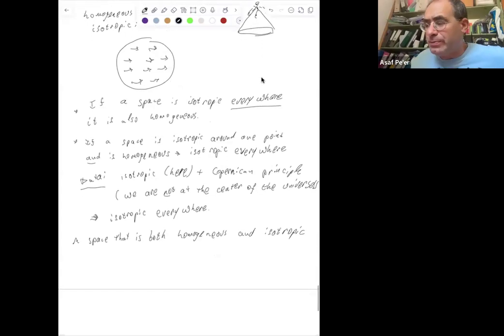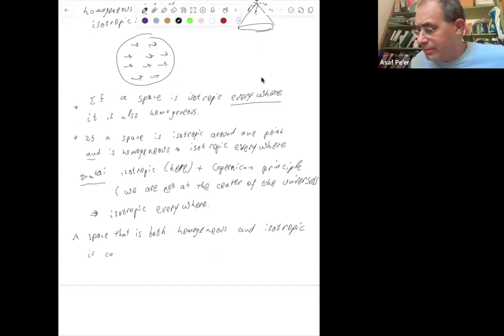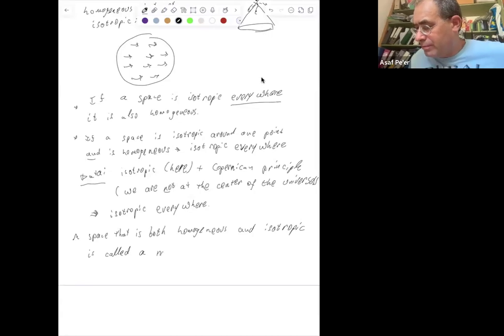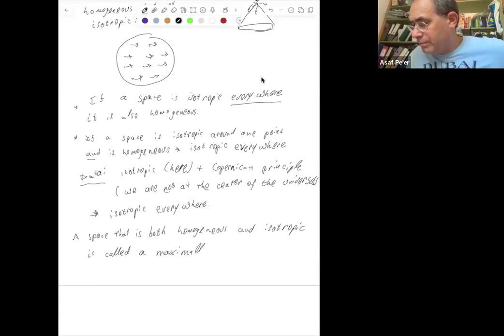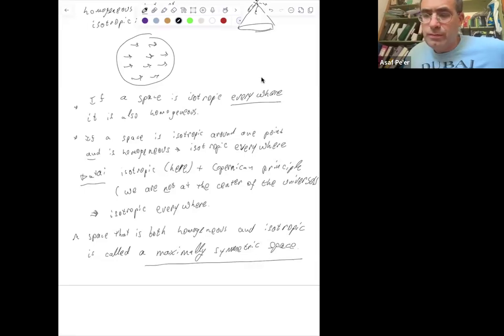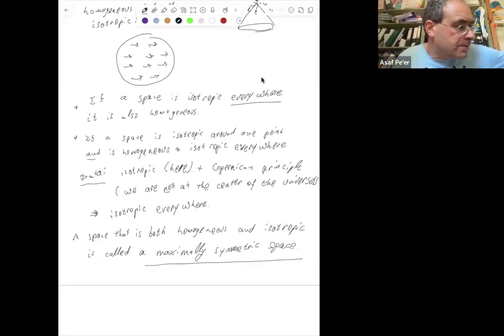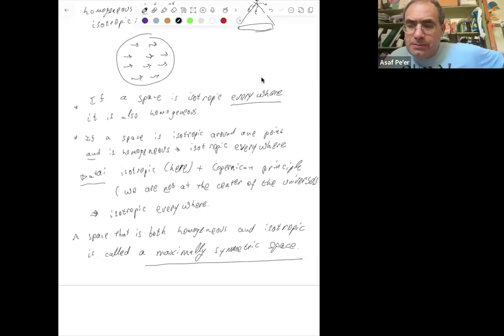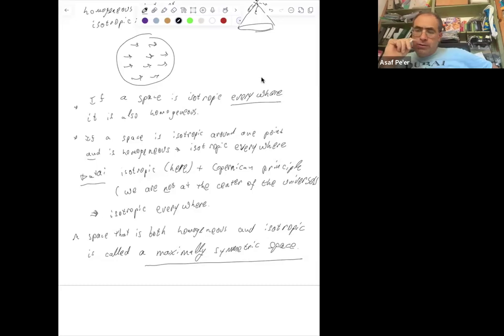That's called a maximally symmetric space. So basically what we're going to do now is study the properties of maximally symmetric spaces, the mathematical properties. Today we'll do still some algebra. This is the last more serious algebra that we have during this course.